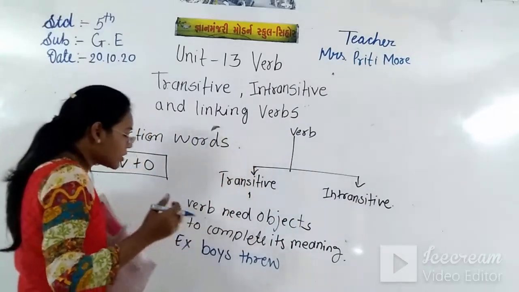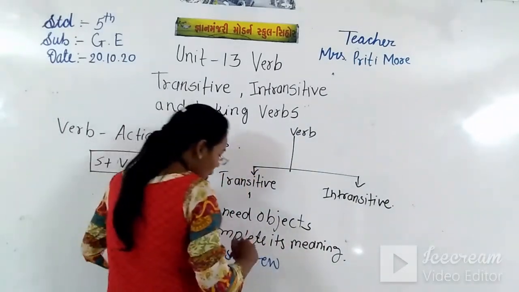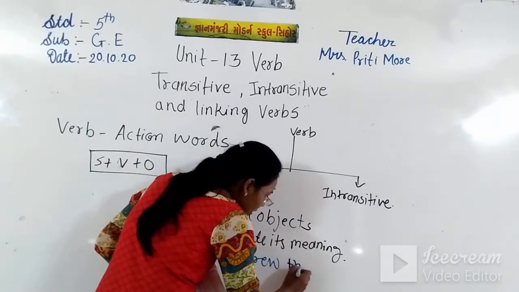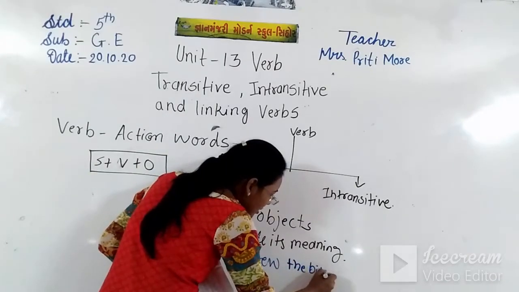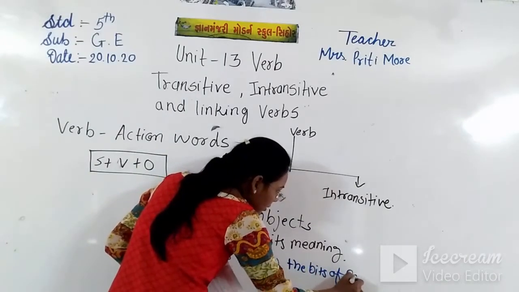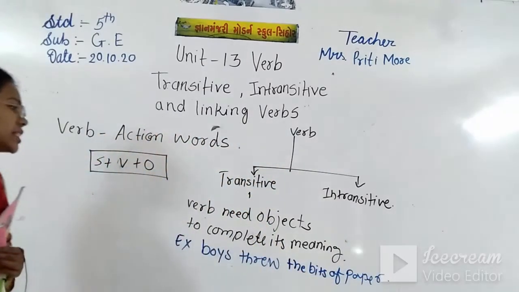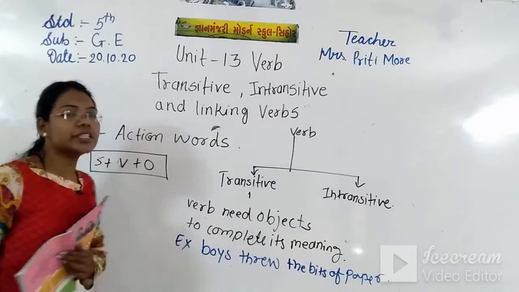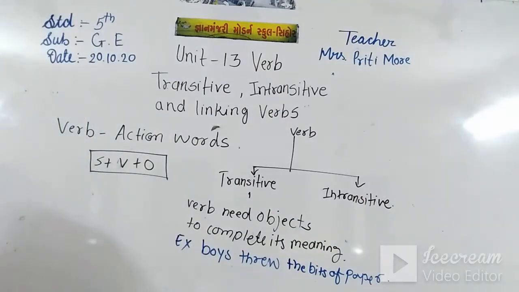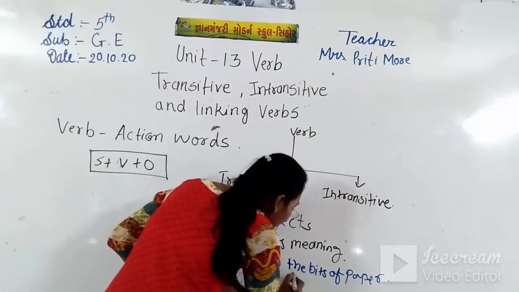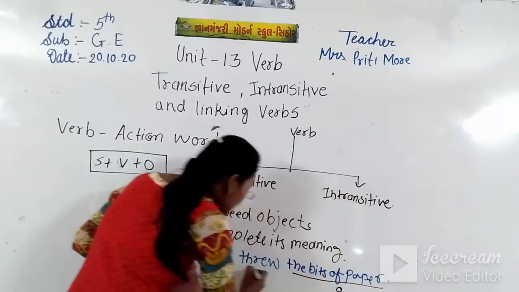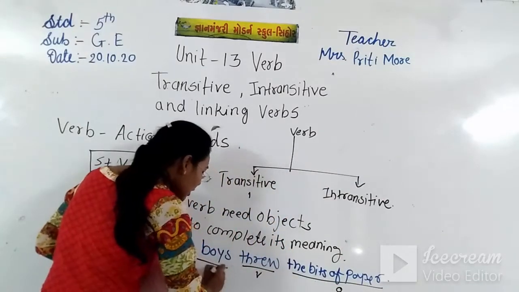So whatever object you can write here: boys threw the bits of paper. Then only this sentence looks completed. If you are not writing the object, this sentence will not look completed.